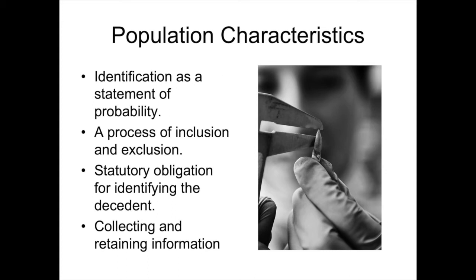Whatever the case, identifications are based on either the existence of a unique identifier or the collective and consistent agreement of multiple features. So you're never looking at just one particular kind of resource when you're making an identification. It is, in a sense, a statement of probability based on the frequency of a suite of characteristics within a given population, and in this case, a human population.